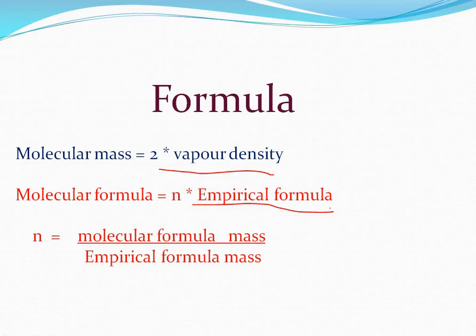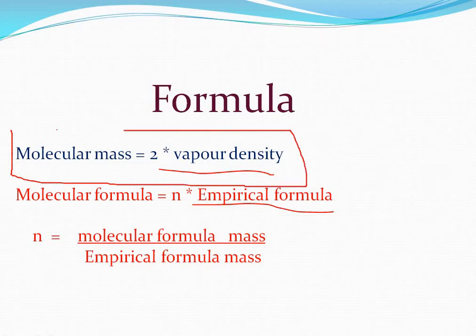So directly we cannot calculate the molecular formula with the vapor density, because the formula of vapor density can only be used for the calculation of molecular mass, and that molecular mass is further used in the calculation of the molecular formula of the compound.